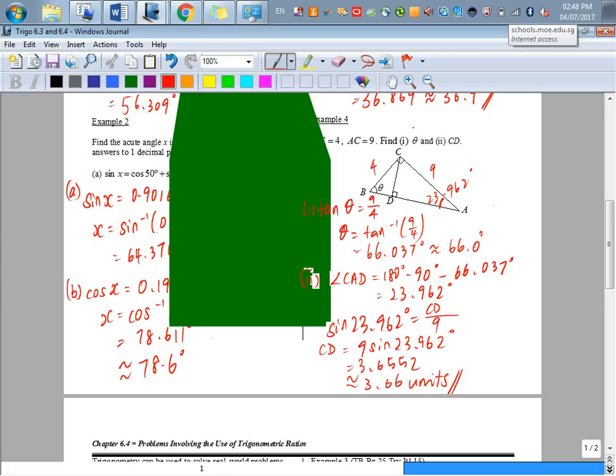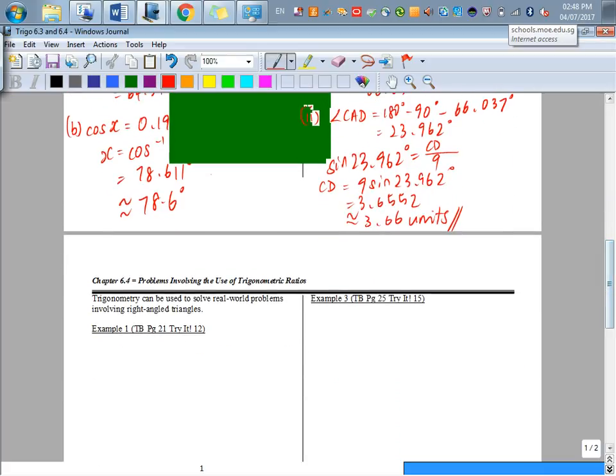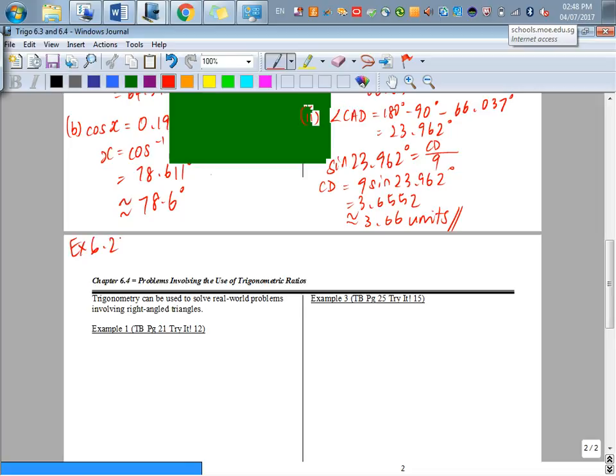Okay, so homework. Exercise 6.2. Take this down. We have question 1A, B, C, D. These are the 1 second, 2 second type of question.